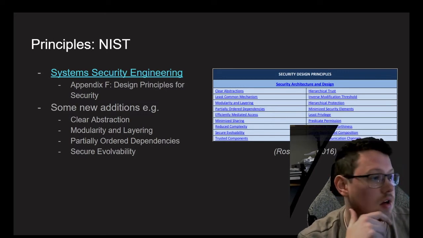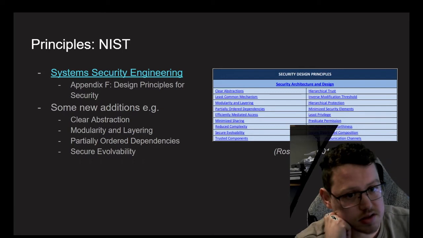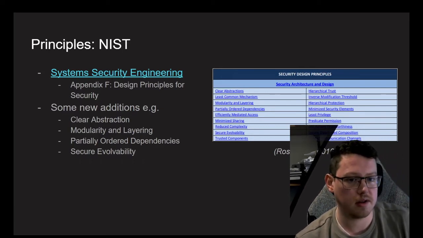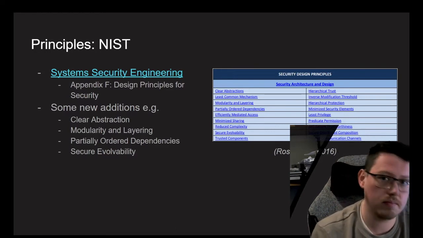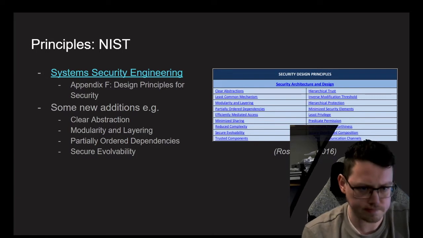Okay, so we'll look at the NIST principles now. NIST is the National Institute of Standards and Technology, which is a US organization, and despite the name, the standards are used all over the place. We're using them now in CyBOK, which is primarily a British publication.